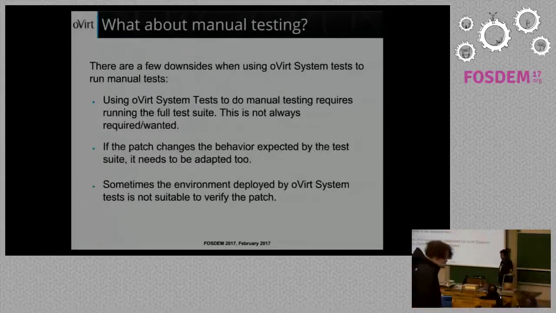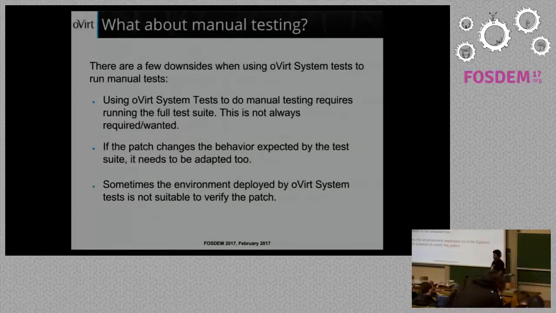But like anything in software, basically we had some trade-offs. To have good automated tests on oVirt system tests, we had to make some choices that sometimes make the manual testing a bit harder than developers wanted.